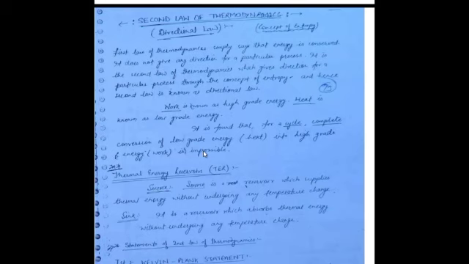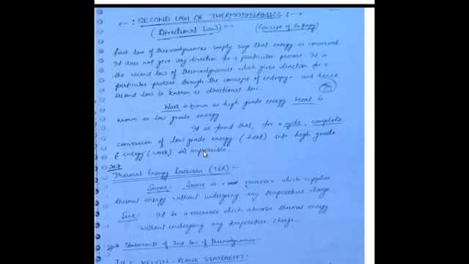Okay, next term: thermal energy reservoir. As its name suggests, first of all we need to understand what a reservoir is. A reservoir is a space holding an infinite amount of whatever quantity you want to store. Suppose the ocean. In the ocean, a huge quantity of water is stored.